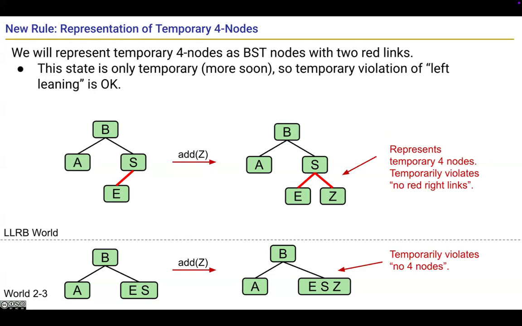No. Well, why no? Because we can't have 2 red links. But again, we're temporarily violating that rule. Is this the correct structure? Yes, right? Because down here, what would happen? S goes up and these 2 become children, yes?